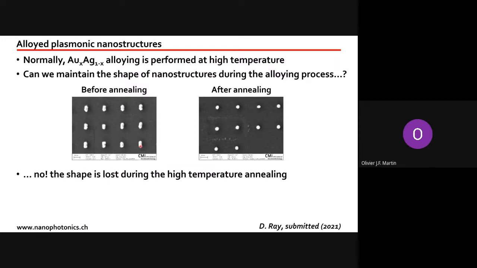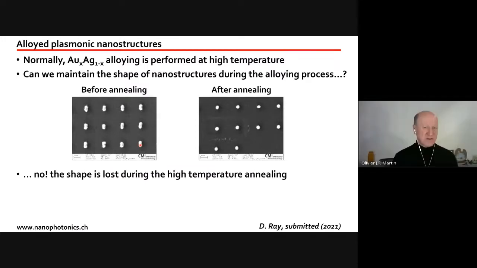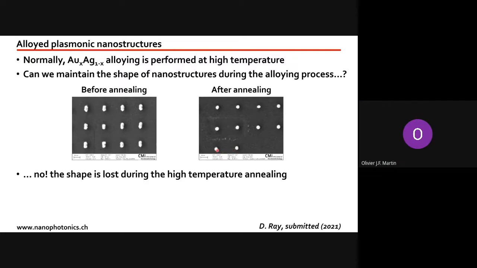If you try to fabricate some small rods made out of alloy, and you heat your sample to perform the alloying, then your particles are lost and they just become circles.